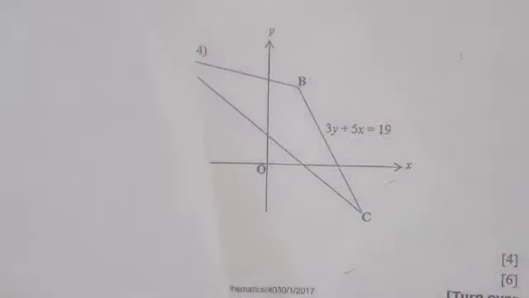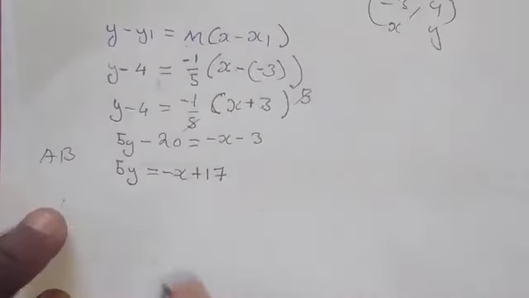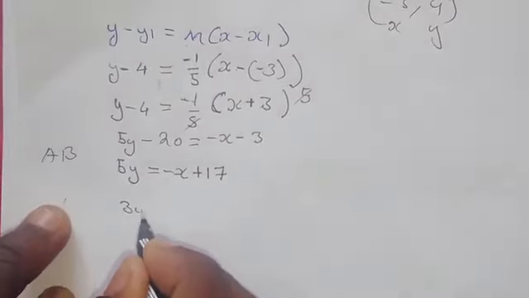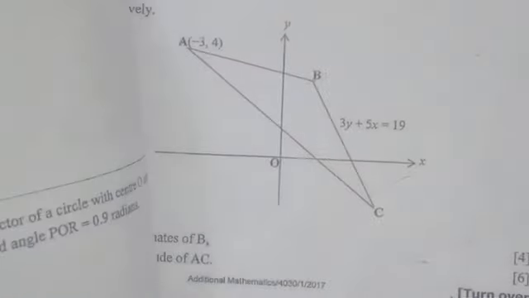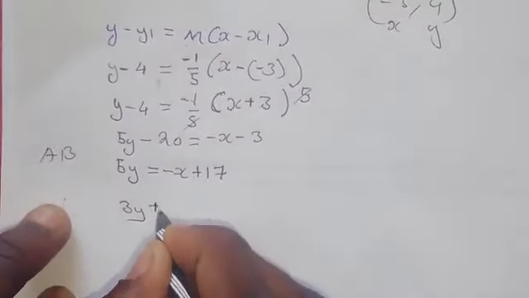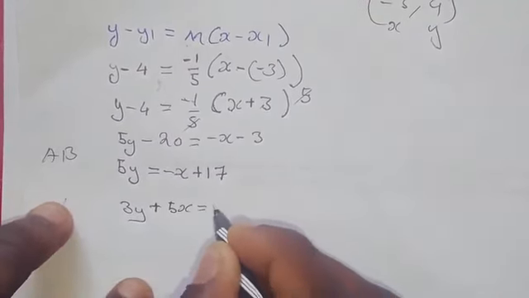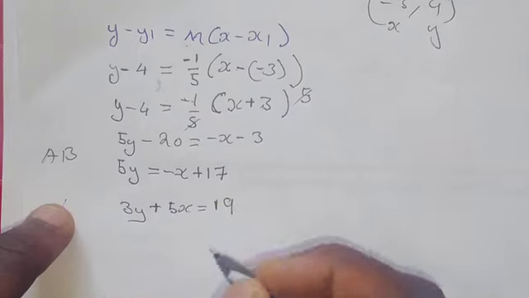Okay, so we have the equation of BC, which is 3y plus 5x is equals to 19.